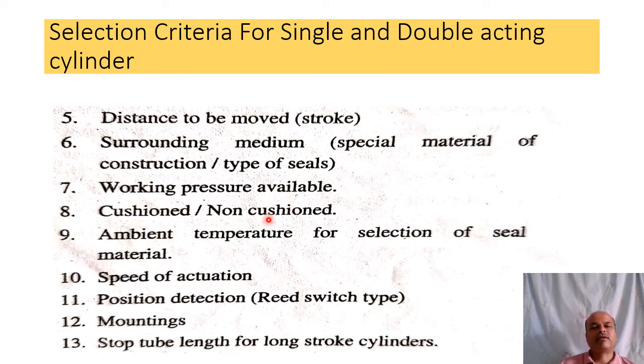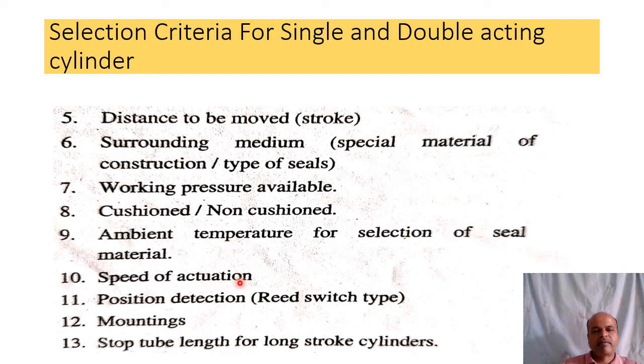Then cushion or non-cushion. Then ambient temperature for selection of seal material. So this is also an important parameter. Ambient temperature for selection of seal material is very important, because a sealing material is used, and for that we have to consider the temperature parameter.